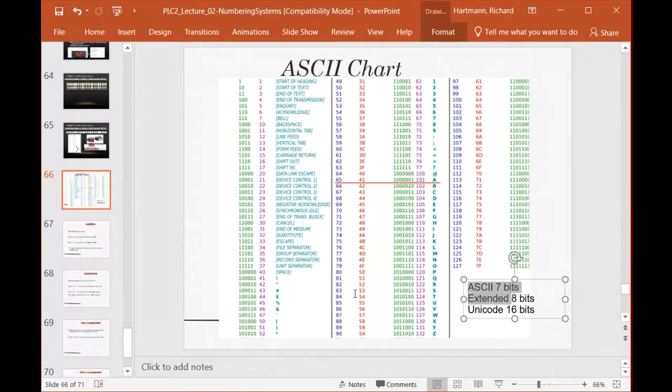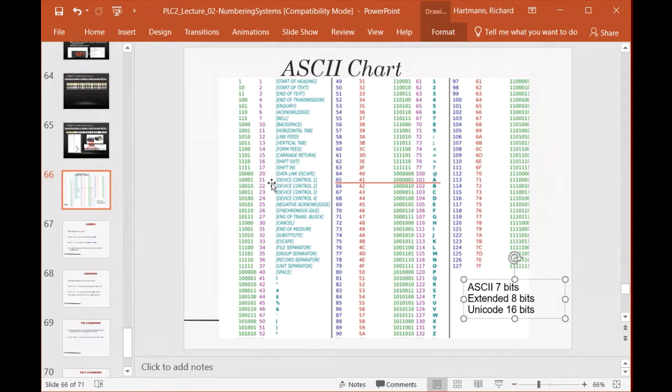But what they did was they said, you know what, the problem is with 7 bits, we can send the digits 0 through 9. We can do some semicolons and things, and we can send the alphabet.